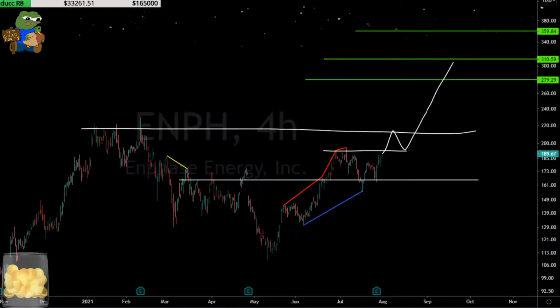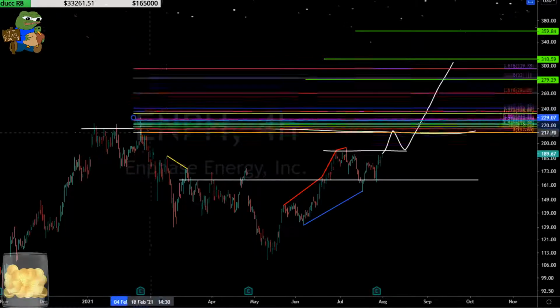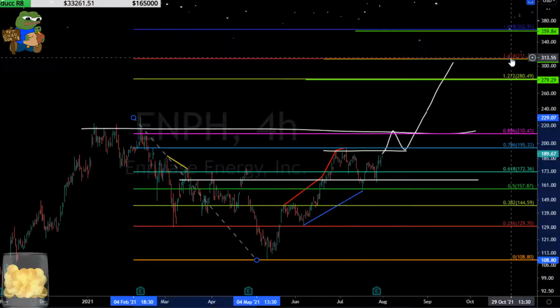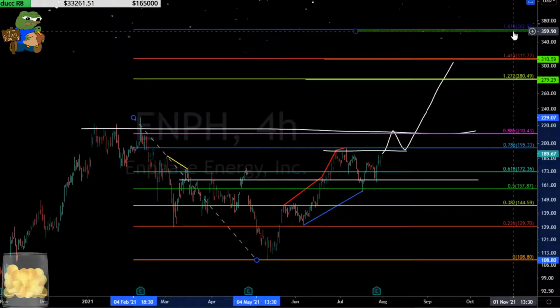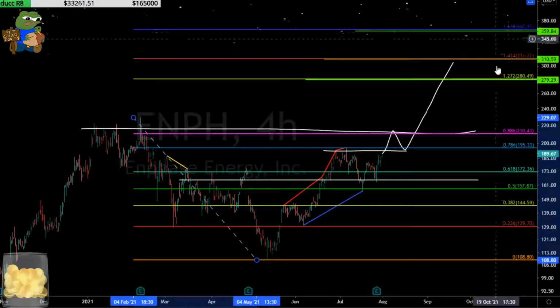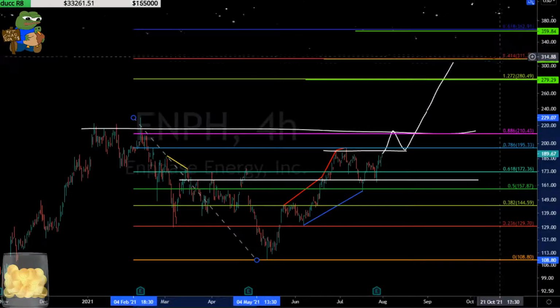I think that's 1414, but that's really what I'm looking for. Yeah, 1414, 310. I mean, 1618's up there, 362, 1272, 280. So these are your blue sky breakout targets if we can get it.